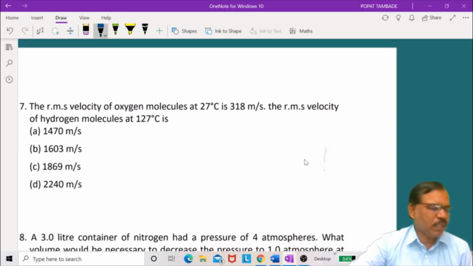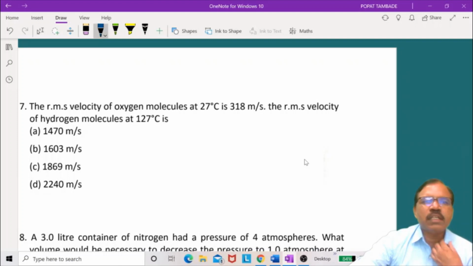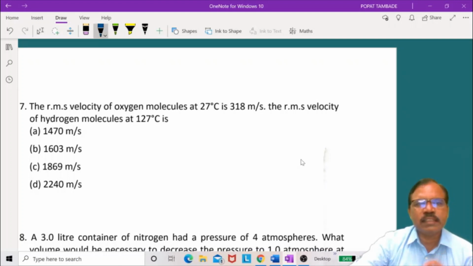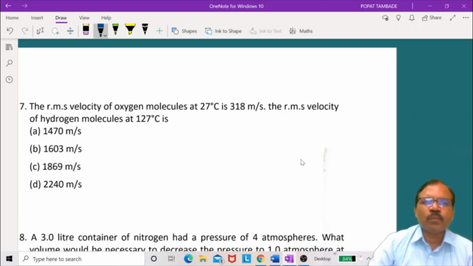Now the RMS velocity of oxygen molecules at 27 degrees Celsius is 318 meter per second. The RMS velocity of hydrogen molecules at 127 degrees Celsius is... Now let us take, we know C is the RMS velocity, that is root of 3RT upon M. We can take C0 for oxygen molecules.